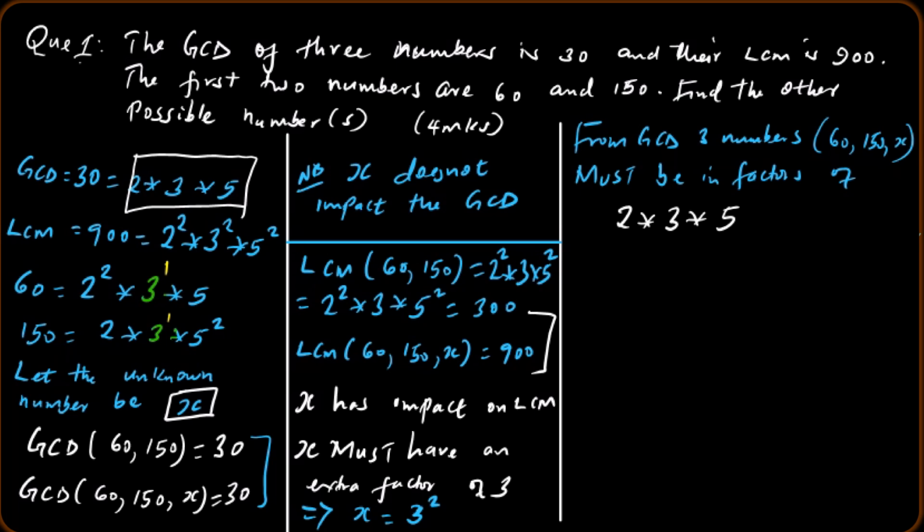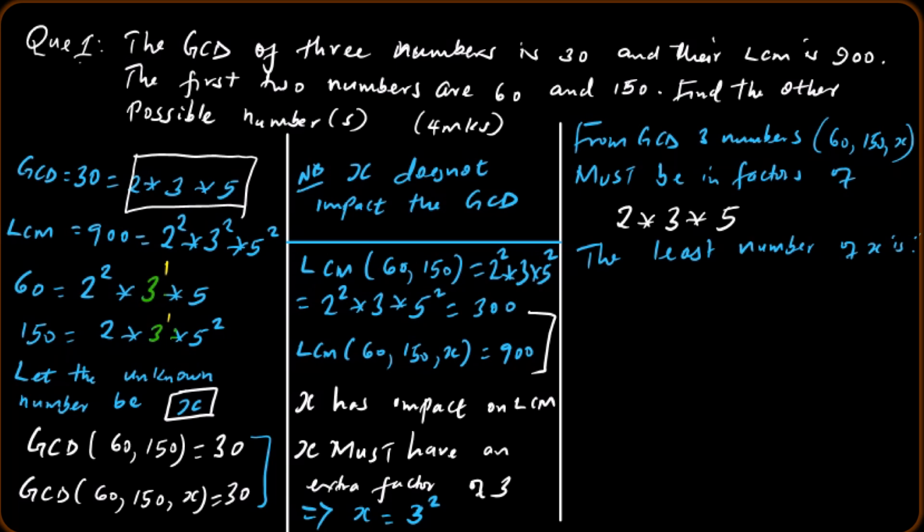We are using GCD because whether there are 2 numbers or 3 numbers, there is no impact of x on GCD. Therefore that is why we will use our GCD. So now as such, the least number of x is, so now the least number of x is what?